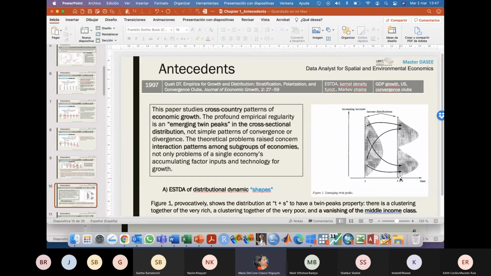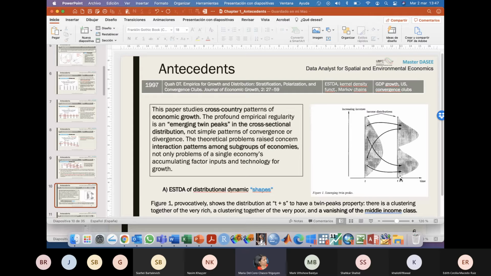In this paper, he applied different methods for exploratory spatiotemporal data analysis, or ESDA. He applied these methods to a new panel data set, very similar to the other one, of 105 countries over the 1961 to 1988 period. First, he represented the kernel cross-sectional distributions for certain years.